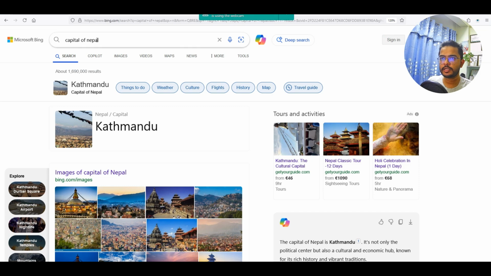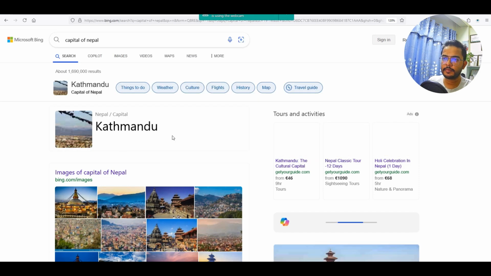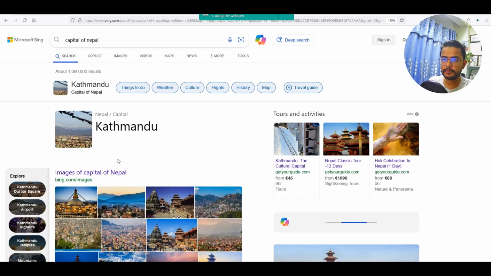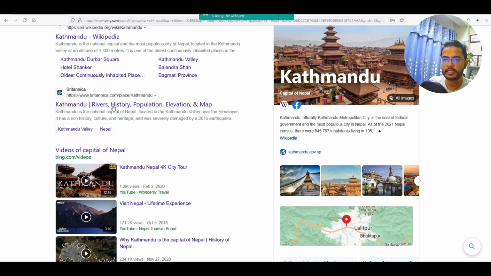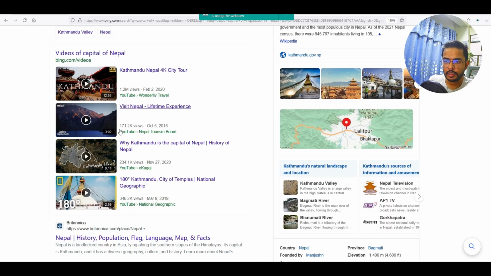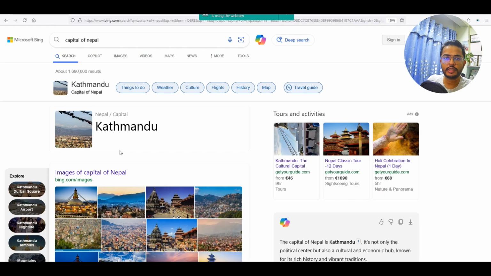Now if you remember, previously you wouldn't get this kind of result. It would provide you the links of articles where it is mentioned that the capital of Nepal is Kathmandu. Now they are using the search engine to provide you the answer itself, to increase user experience.